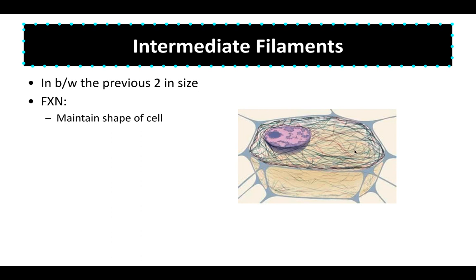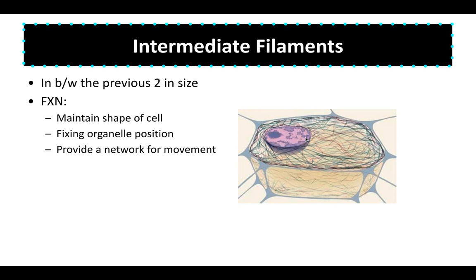These are intermediate filaments. And so one thing that intermediate filaments are going to do is maintain the overall shape of the cell. Intermediate filaments will also fix certain organelles into position with each other or within the cell. So the nucleus isn't roaming all over the place. It's anchored in position right here and held in position by these intermediate filaments.